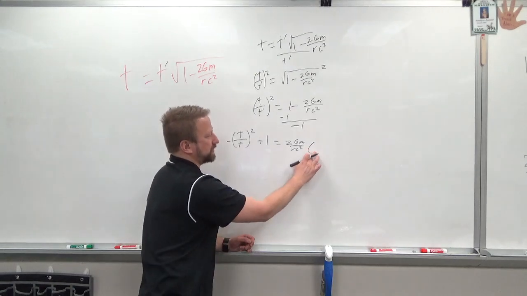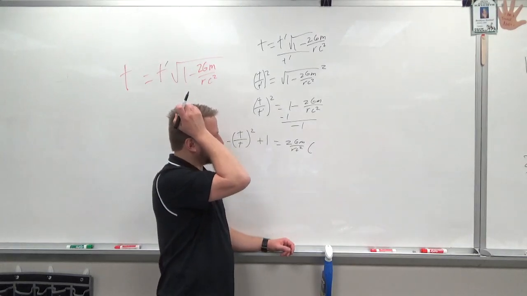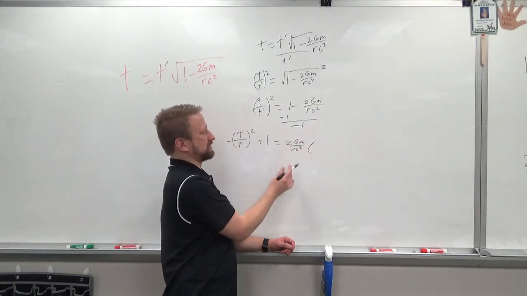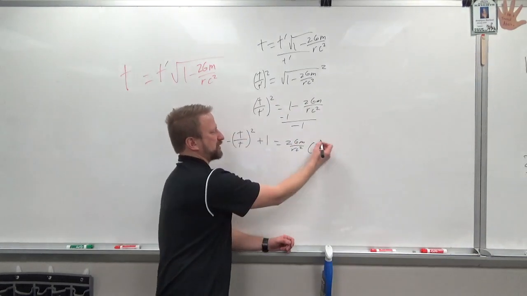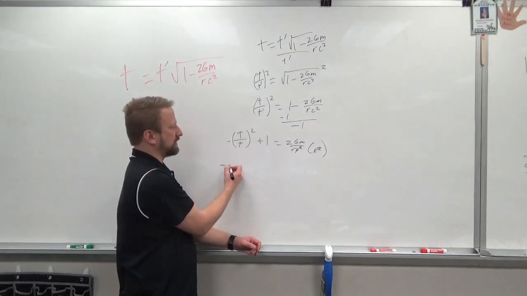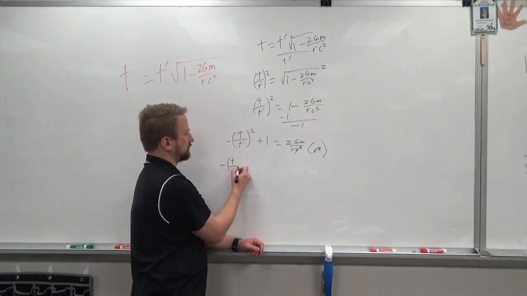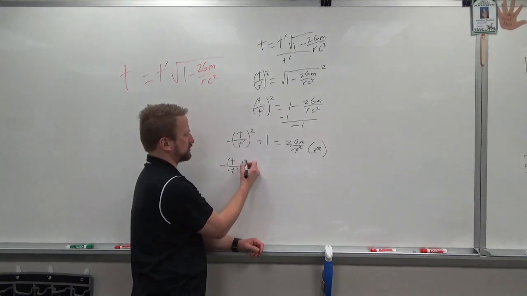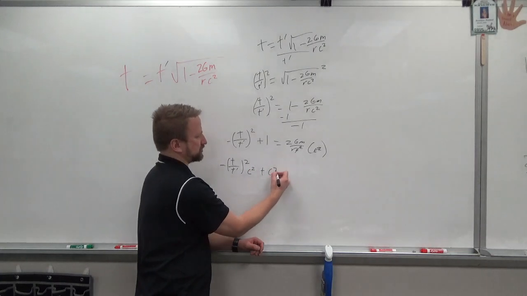I'm just planning how I want to do this ahead, because I didn't plan it ahead. I get r over there, but I'm still going to end up with it in a denominator no matter what. So I'm going to multiply both sides by c squared, so those go away. And then I get negative t over t prime squared times c squared plus c squared.